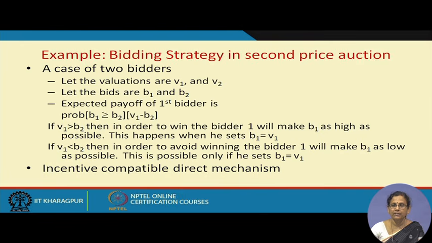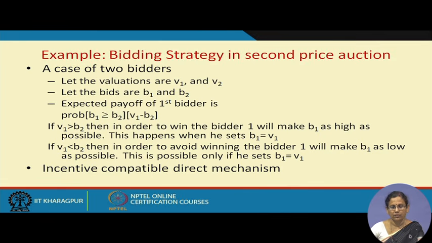Why? Because I want to increase my probability of winning. Unless I win, I will not be getting any benefit; otherwise I will not get the item, and my benefit will anyway become 0. Even if I have that 50 lakh rupees, it is of no use, I did not get the apartment of my choice.